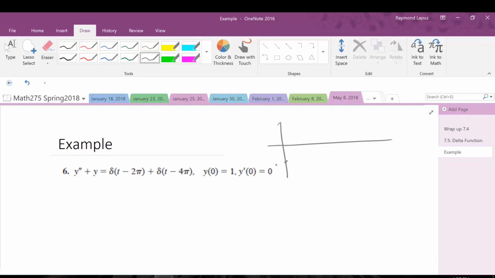And now at t is equal to 2 pi seconds, you would hit it, and then it would do something. And then at t is equal to 4 pi seconds, you would hit it again, and it would do something else. So I would imagine a regular oscillating, and then you hit it. So right here, it hits, and then maybe it jumps up, and then oscillates again, and then it hits, and then it jumps up.